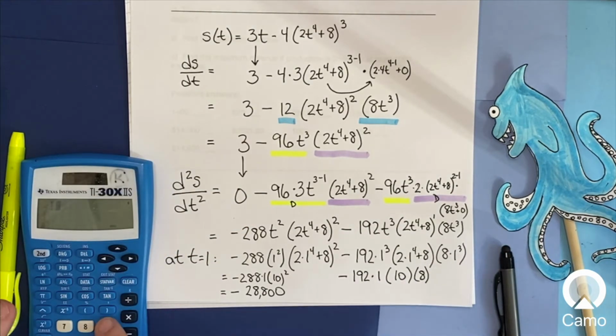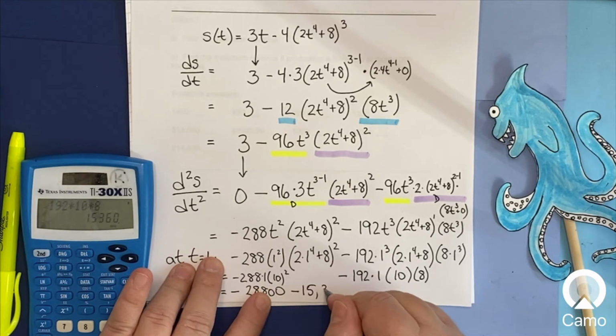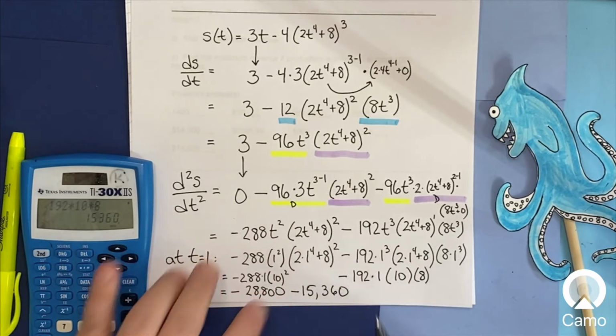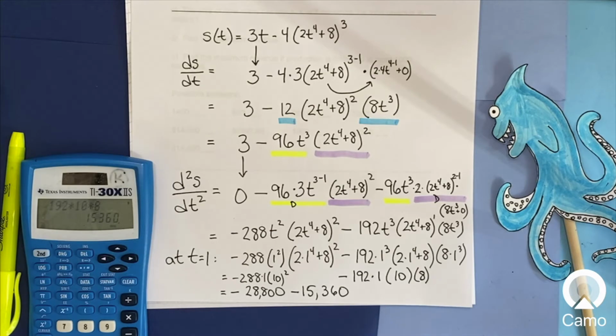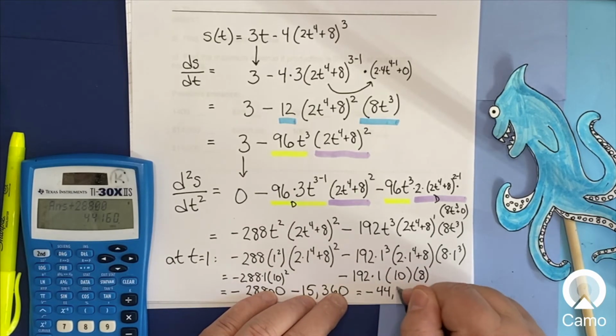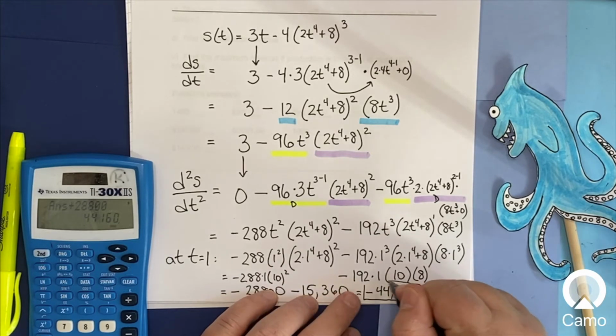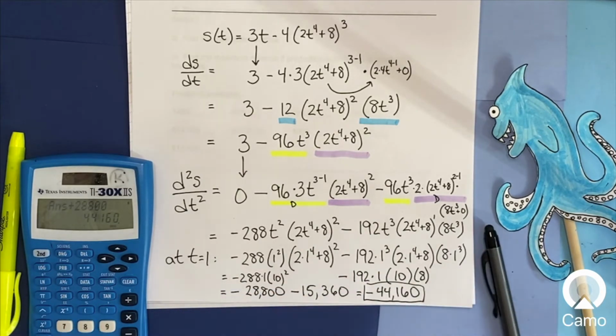Okay, 192 times 10 times 8 equals 15,360. And then I get negative 44,160. Oh my gosh, that's a lot. There's a lot of math hanging out there.